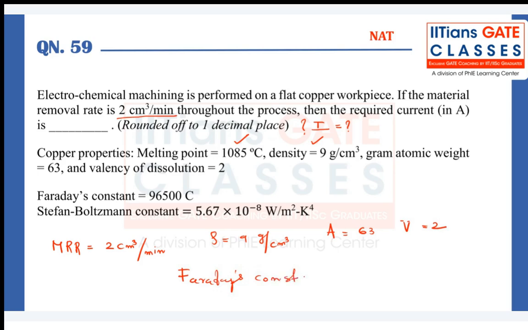Faraday's constant F is equal to 96,500 coulombs. Clear, everybody? Here the Stefan-Boltzmann constant and the melting point are not required for the problem, so don't be afraid by seeing this data.